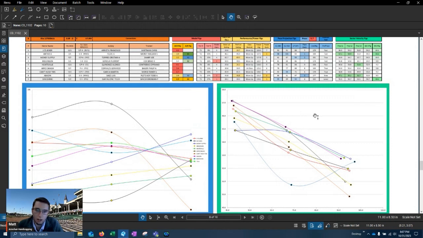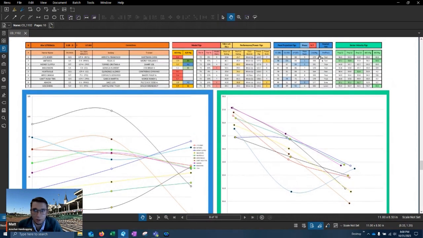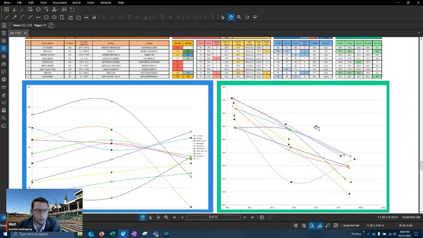It can get up to its top velocity and still hold and maintain that velocity. And I can double check that up here with the combined rating as well. 181, which is third best in the field. So the stamina is there. It just comes down to pace scenario after that.